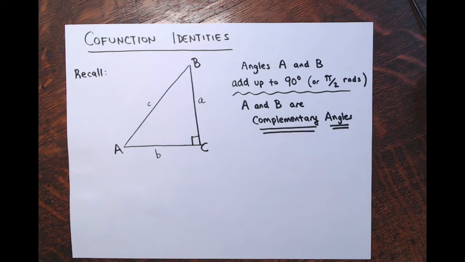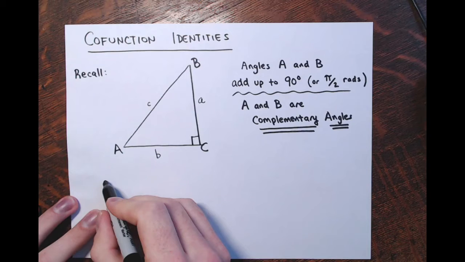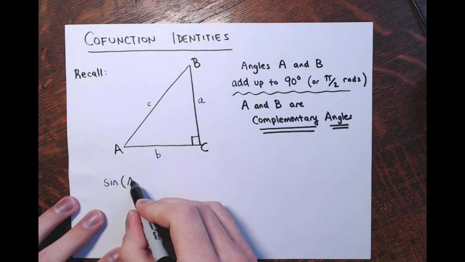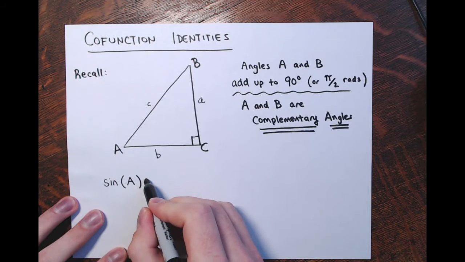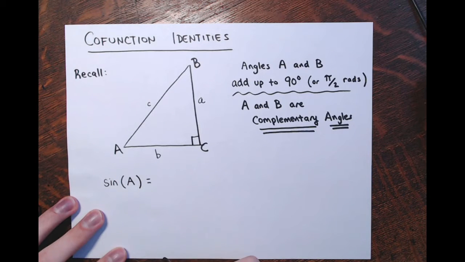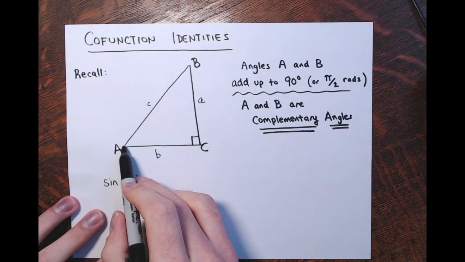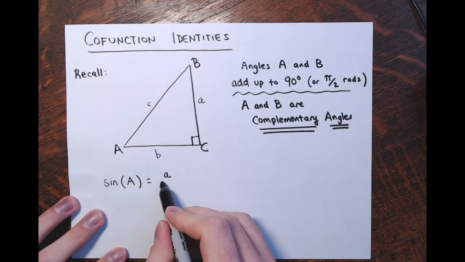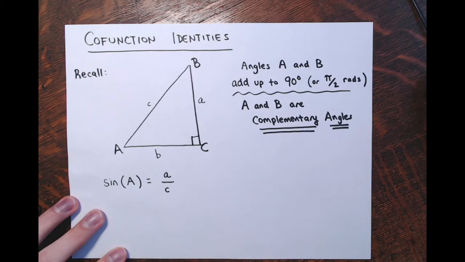Now let's take a look at the trig ratios for these. If you look at the sine of angle A, remember, sine is opposite over hypotenuse. So that's little a over little c.